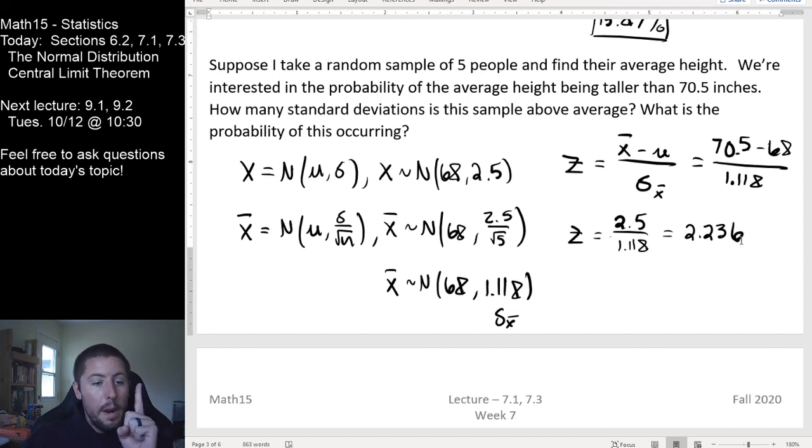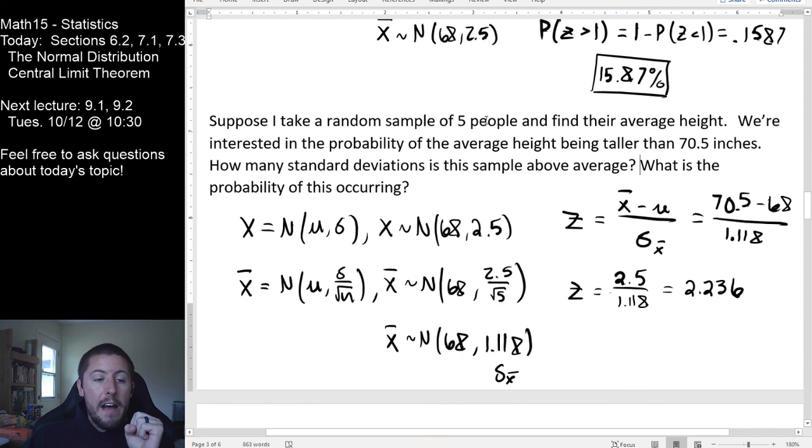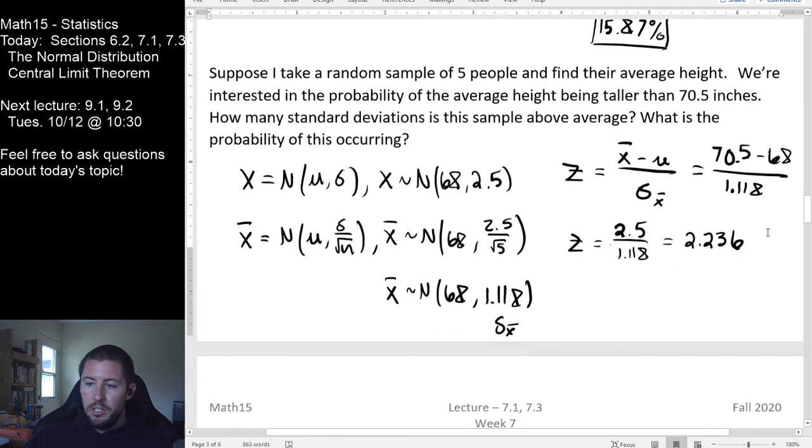Before, when we did 1 person being 70.5 inches, that was 1 standard deviation away from the mean. Now when we're talking 5 people collectively as a group, if 5 people had an average height of 70.5 inches, that would represent a result that is 2.236 standard deviations away from the mean, much further from the mean. This is going to be a much smaller probability of interest here.